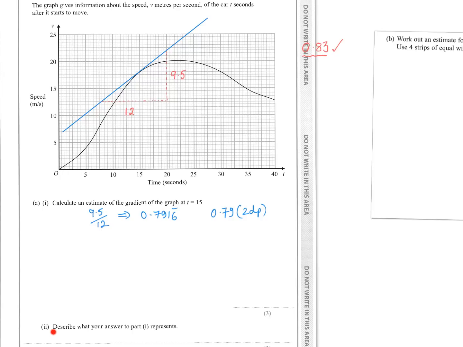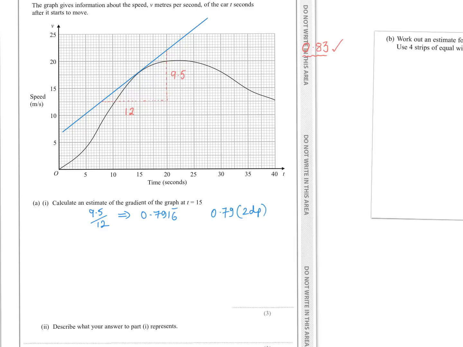It says describe what your answer to part I represents. So what we had was 9.5 divided by 12. But what was the 9.5? What were the units? Well, if we look, we had the speed here. So this 9.5 is a change in speed.